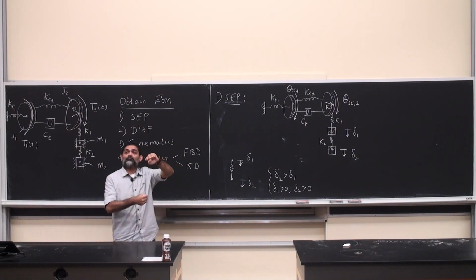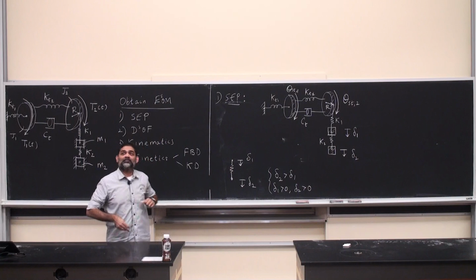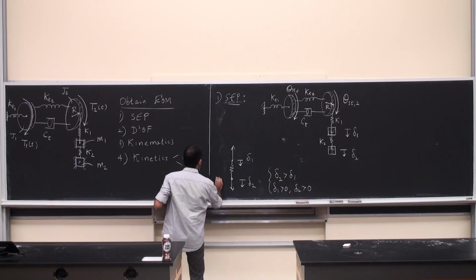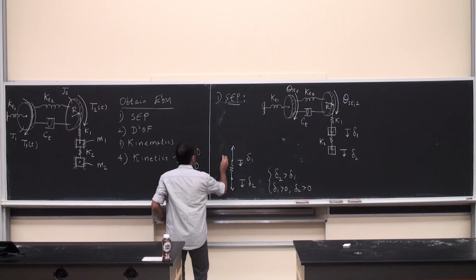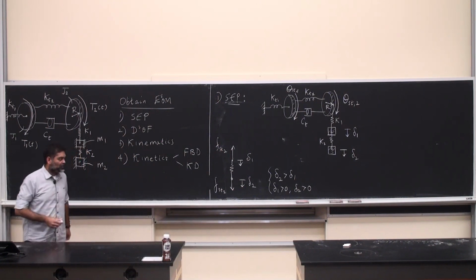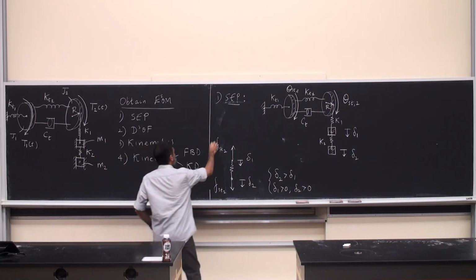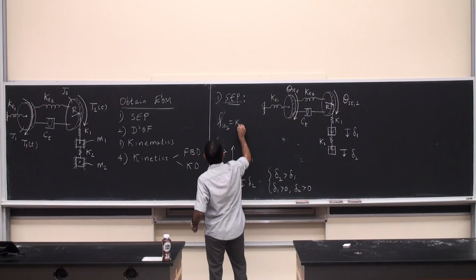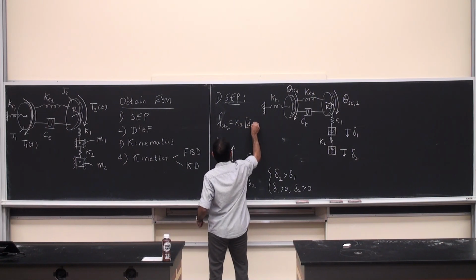So I'm going to have a force on the spring that is trying to capture this scenario, and I'm going to call it F static 2. Stiffness is K2, so F static 2 is K2 times (delta 2 minus delta 1).